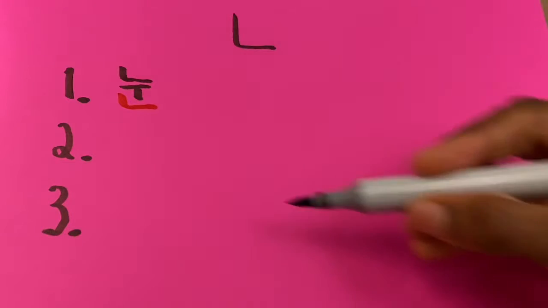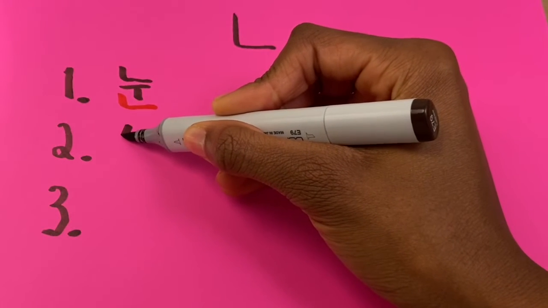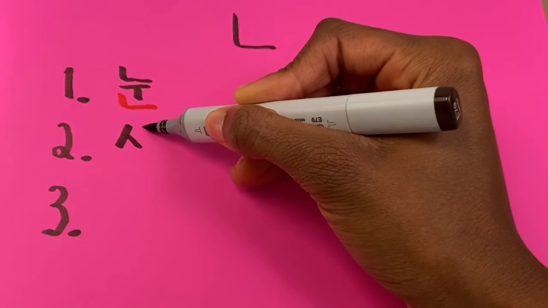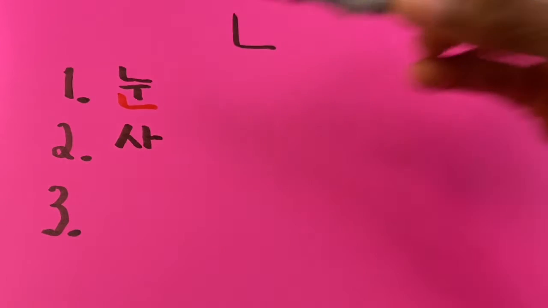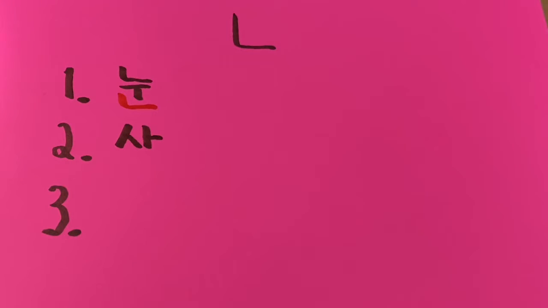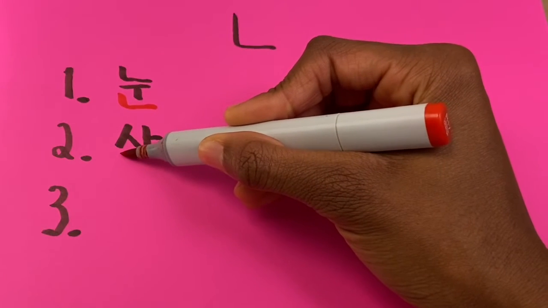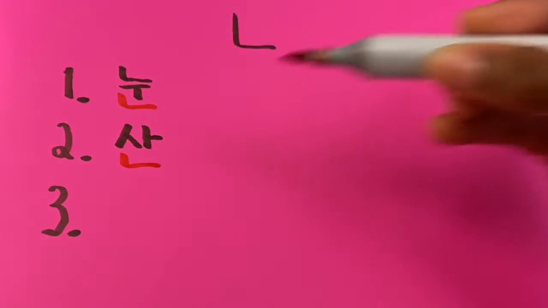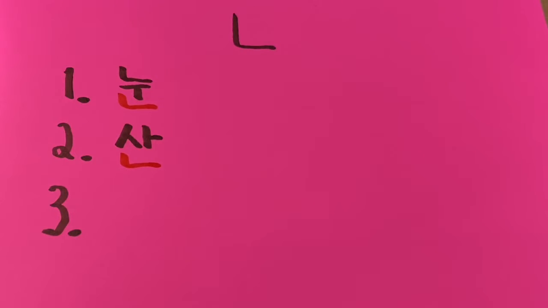Our next one starts with sa. I'm going to write 니은 right underneath sa. So now it sounds like 산.